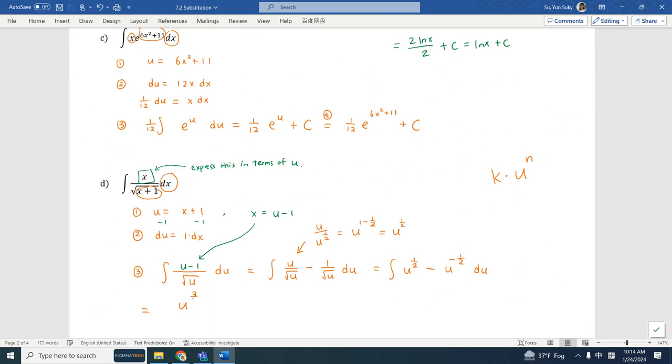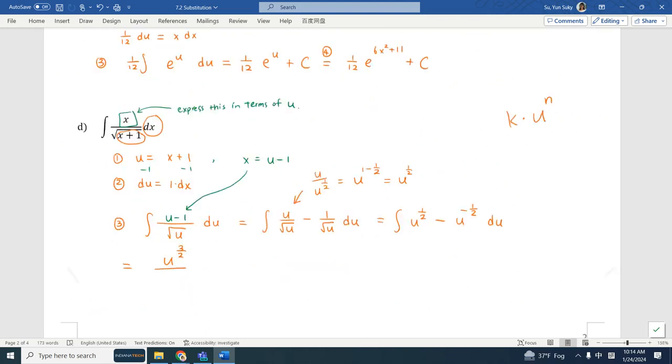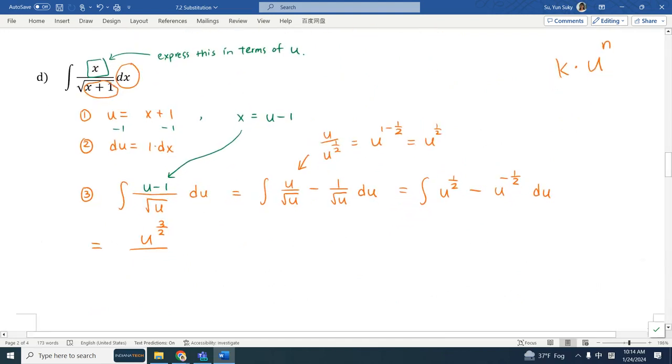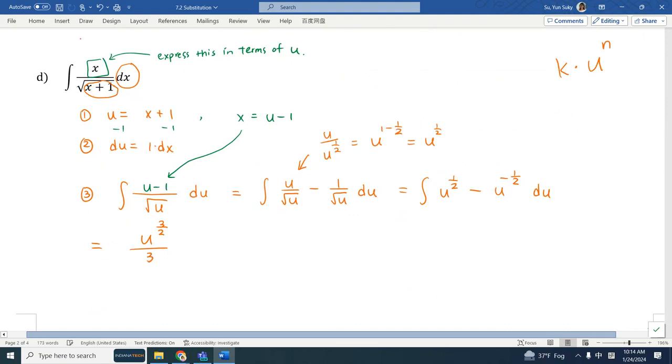So 3 over 2, and then divided by 3 over 2. By the way, when you divide by 3 over 2, you can flip the 2 upstairs, because when you divide by a number, it's the same as multiplying by its reciprocal. Is that okay, everybody? Yeah, flip the 2 upstairs.